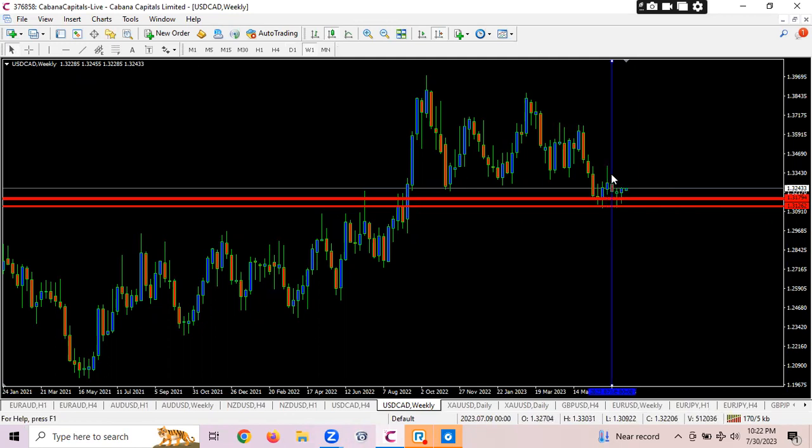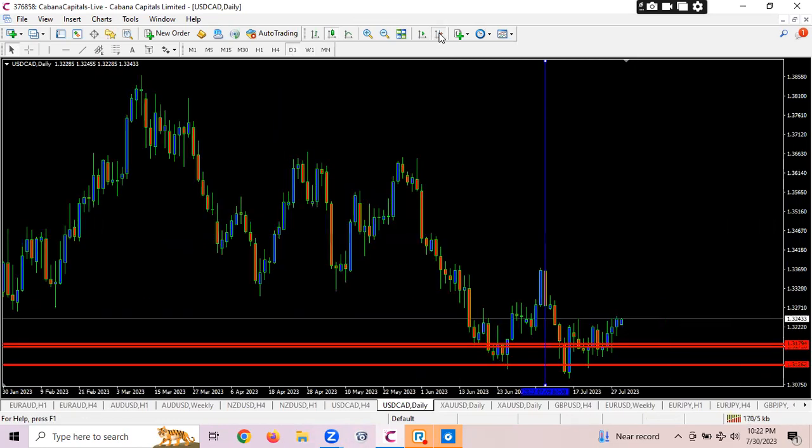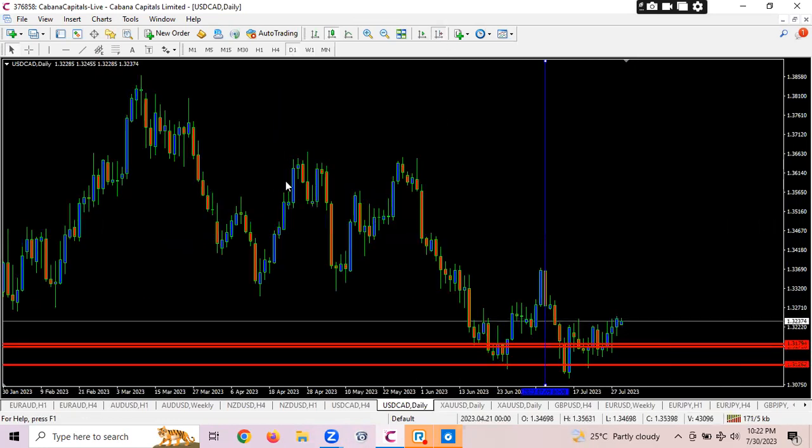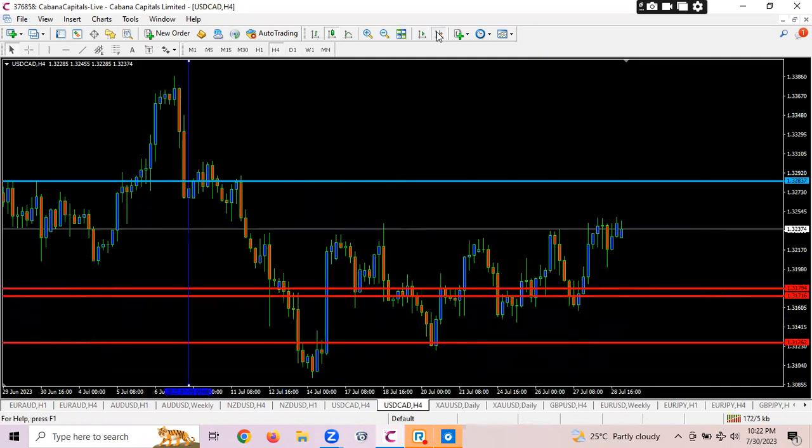So on USD CAD, it's likely going to pull back to this level, which is a resistance level. Or let's go to 4 hour.